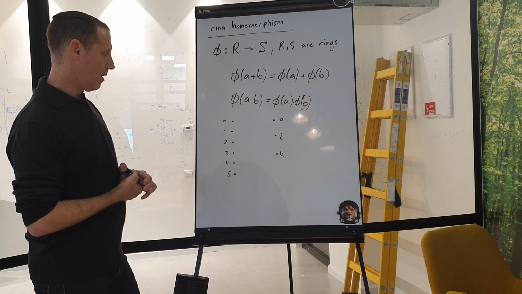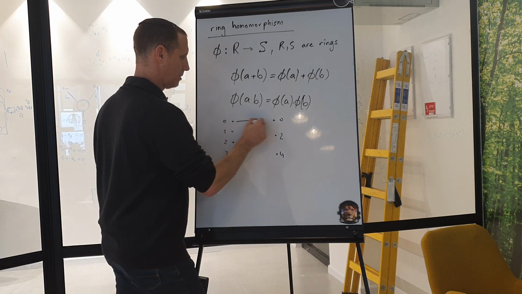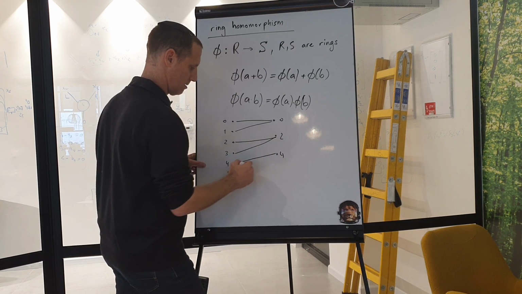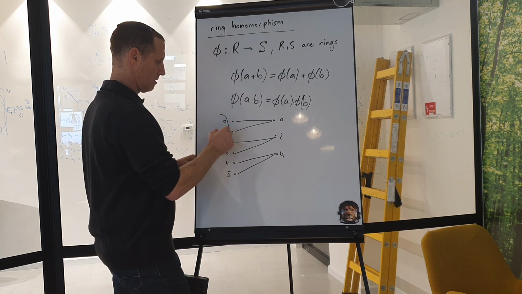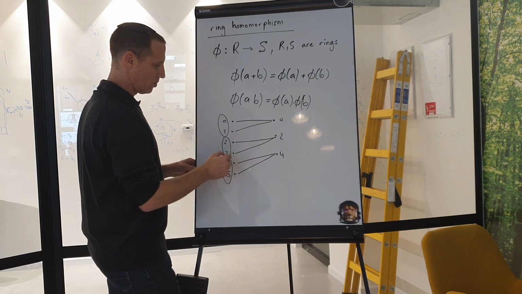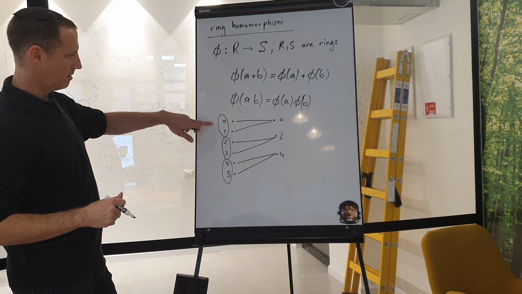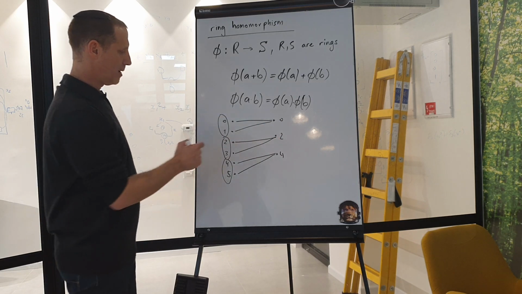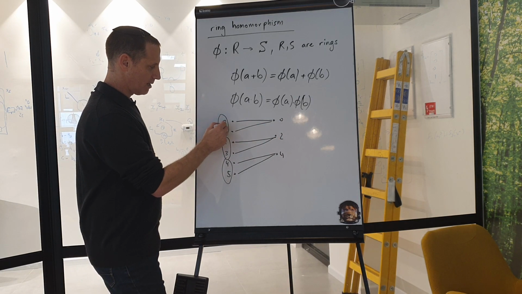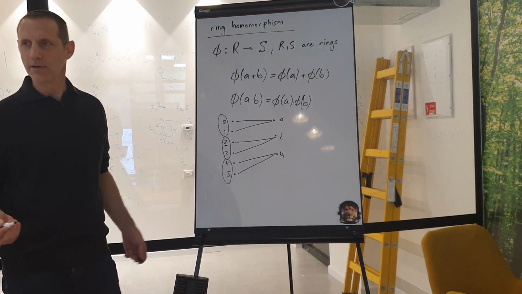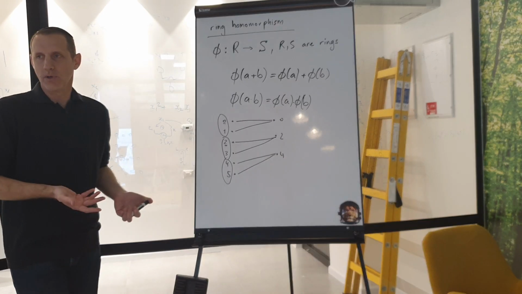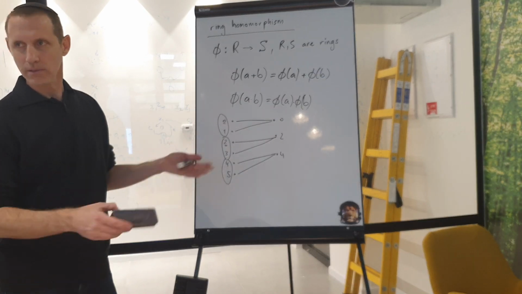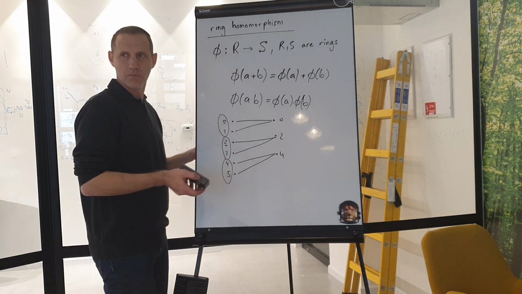So what if I mapped like this? And then I would create these cosets, and then I will just say that the multiplication of these two cosets is the same as here. Maybe the coset would always get the value of the first number. So then I think this would be a homomorphism. I mean, there may be something wrong here because I just did it now, but you can play with it.